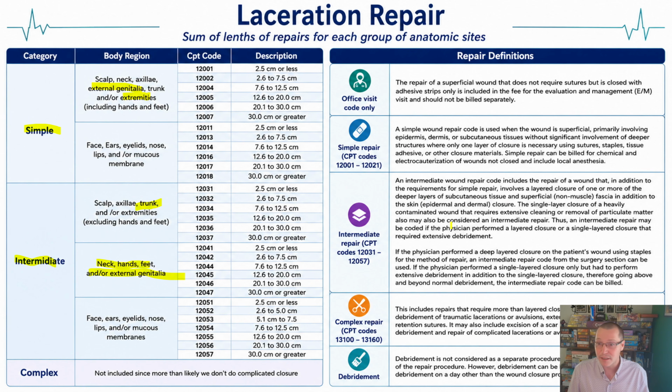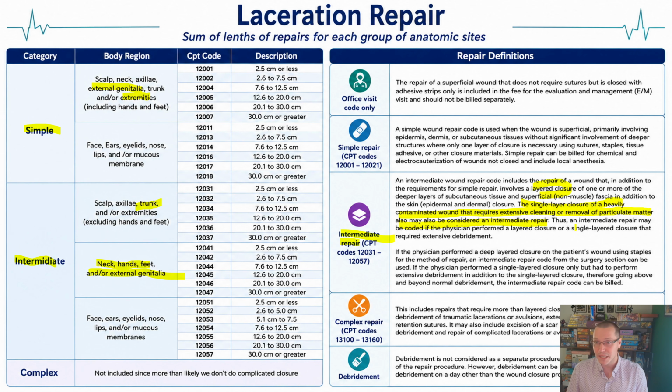A caveat to point out, though, that a lot of providers miss when it comes to intermediate wound care that doesn't get reported as often is, let's find where it says it in here. A single layer closure of heavily contaminated wound that requires extensive cleaning or removal of particulate matter may also be considered intermediate repair. So just remember that intermediate repair isn't just purely based off of the level of layer of closure.